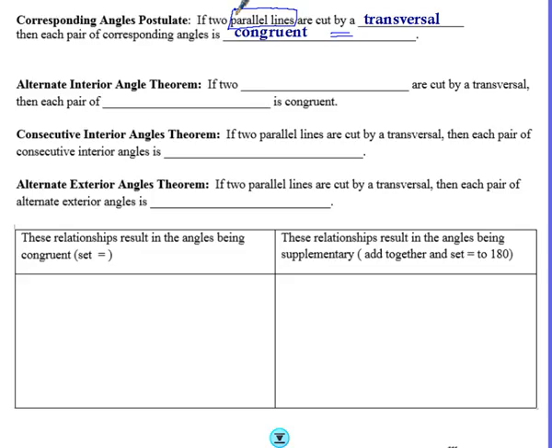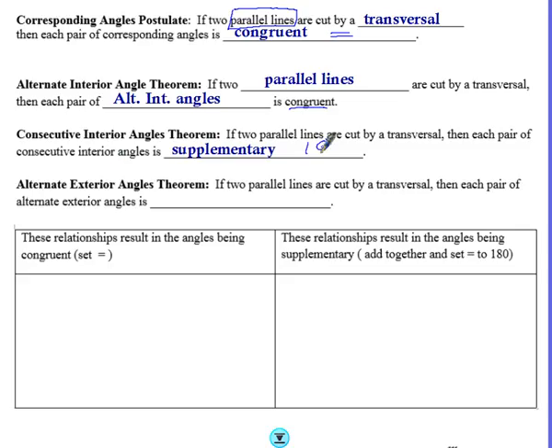Alternate interior angle theorem states that if two parallel lines are cut by a transversal, then each pair of alternate interior angles is congruent. Consecutive interior angle theorem states if two parallel lines are cut by a transversal, then each pair of consecutive interior angles is supplementary.